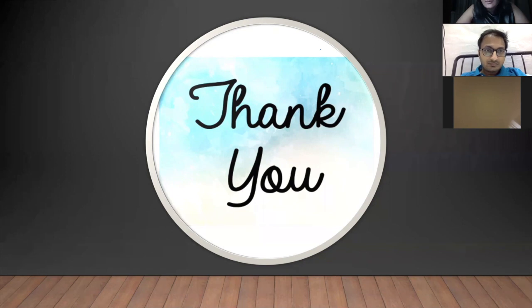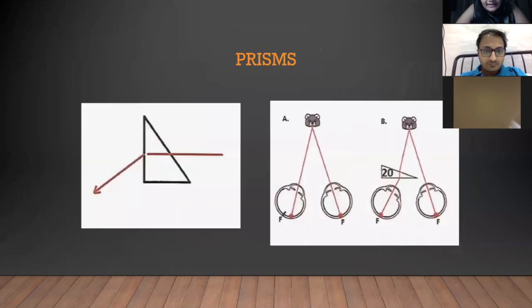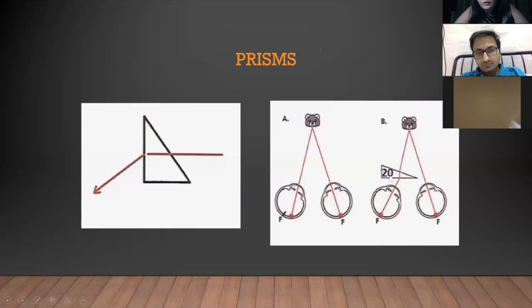Okay, so I'm going to take you back to that image, where we have the diagram of prisms. If you see this prism, what is happening over here? The minute you put a prism over one eye, it has to start moving the eye in one direction. And when it starts doing that, because you have Hering's law, the other eye has to move.